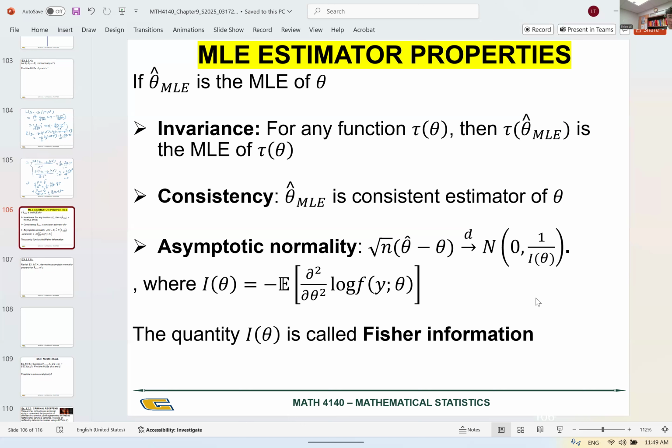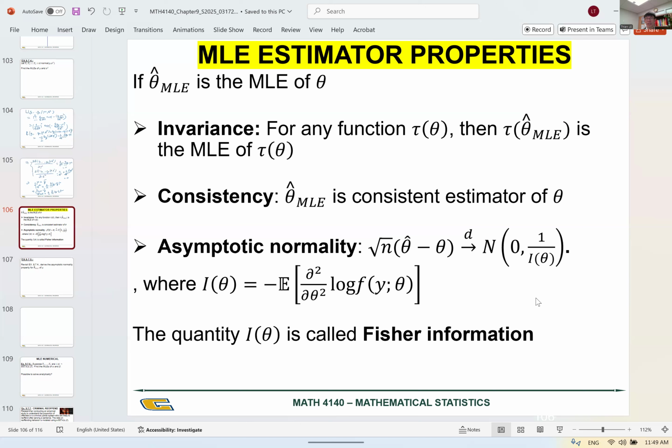And I of theta is calculated by the expected value of the second derivative of the log likelihood function for one observation. And this I of theta we call Fisher information.